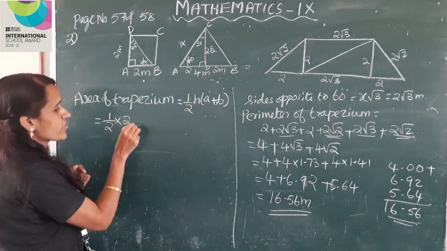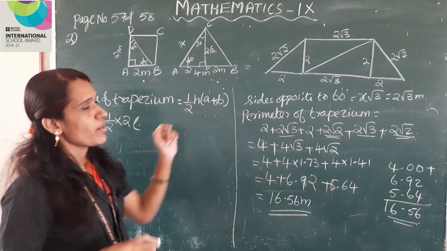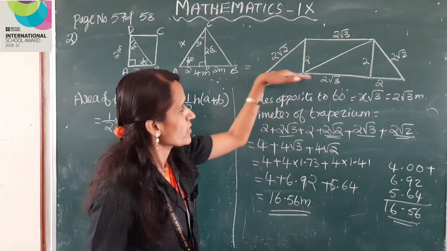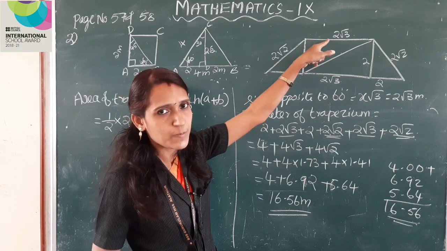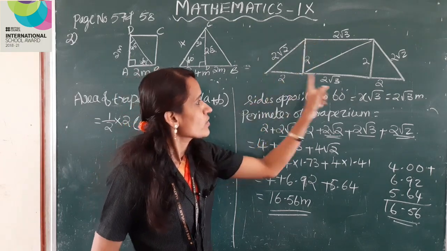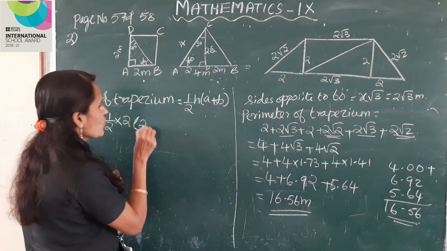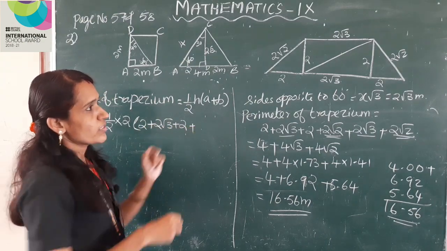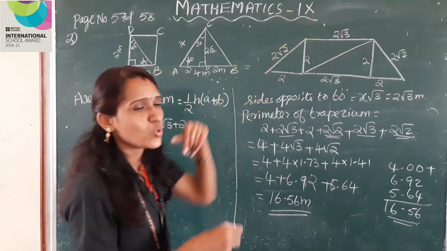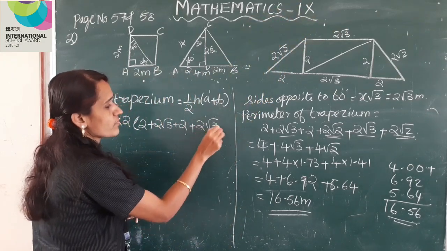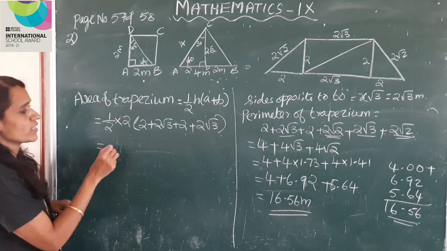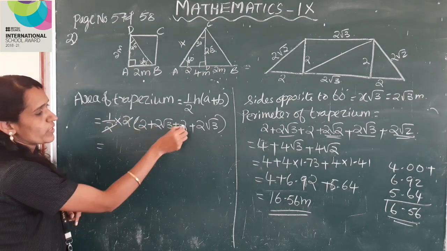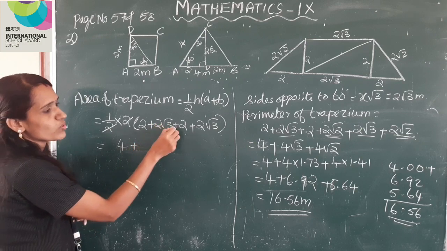Here parallel sides are this line and this. So the total distance is 2 plus 2 root 3 plus 2. The next parallel side is 2 root 3.